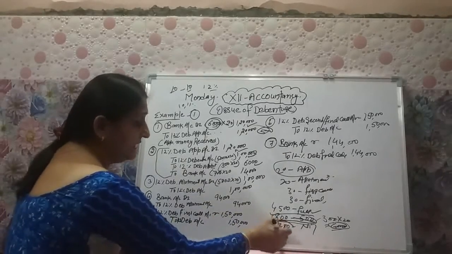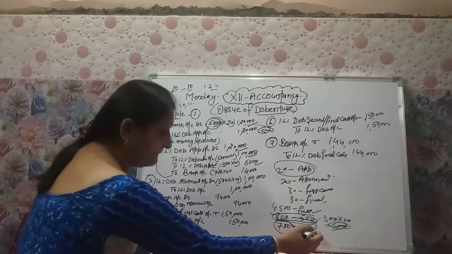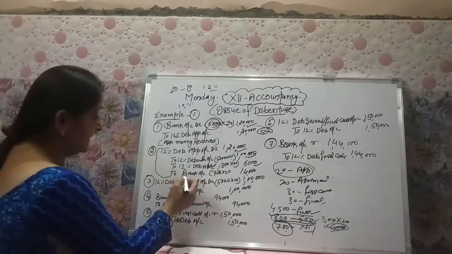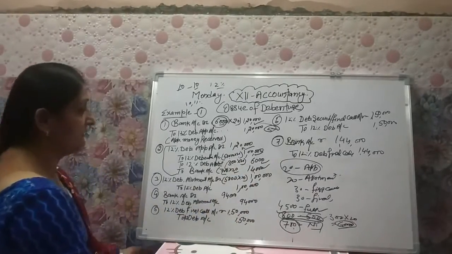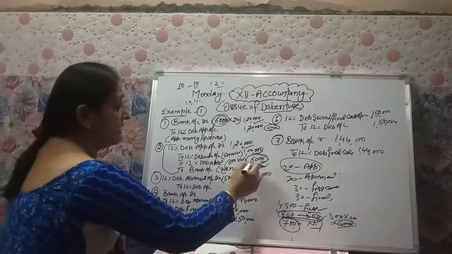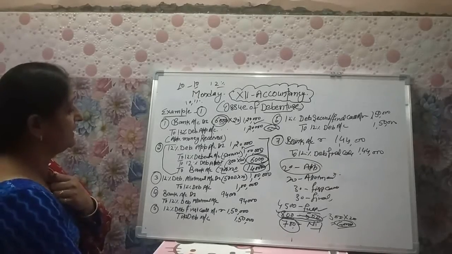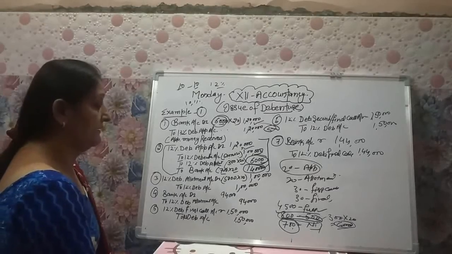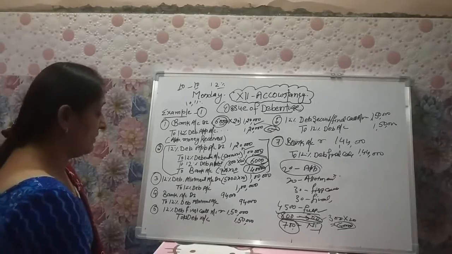And the debenture holder who had applied for 700 debentures, the company issued nothing to them, so their application money is to be returned back. So to bank, 700 debentures into 20, 14,000 will be returned back. So 6,000 will be adjusted on the allotment and 14,000 will be returned back. This is the entry for pro rata allotment, and the narration is amount of excess money adjusted on allotment and returned back.